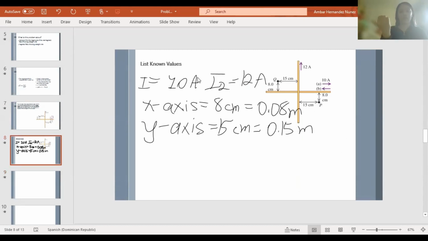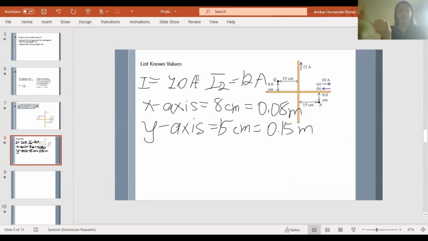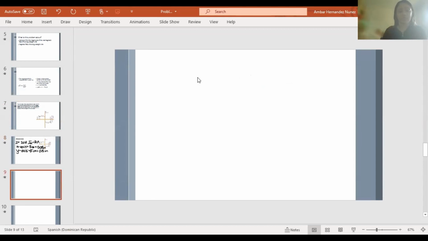So the current is going to the right, and by using the right-hand rule, the current is going to the right, and we curl our fingers. The magnetic field is coming into the page, into me.